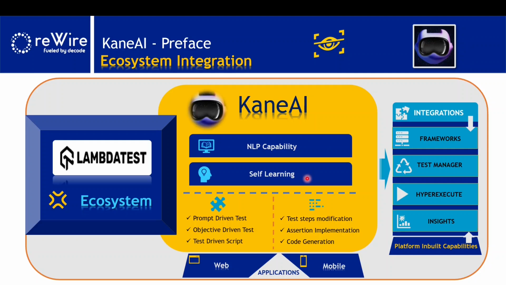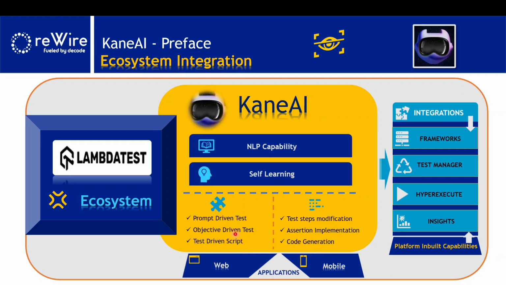It does similar functions to what any automation engineer does. After my exploration and analysis of this particular AI agent, I categorized it as generating tests in three ways: prompt driven test, objective driven test, and test driven script.